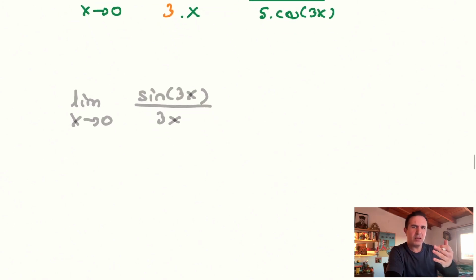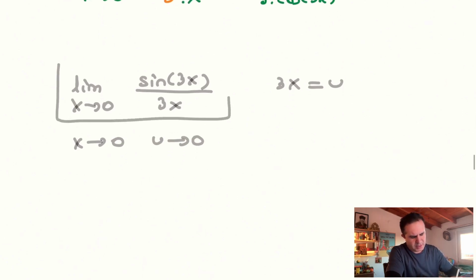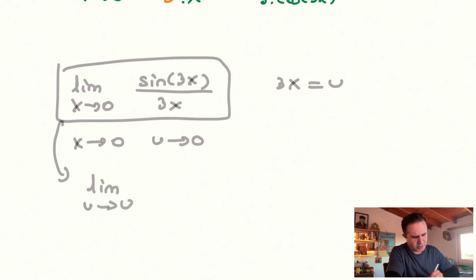I can write that 3x is equal to u. If x approaches 0, 3x approaches 0, then this means that u approaches 0. Then for this expression, I can say the limit as u approaches 0 of sine u over u, and this will also be 1.